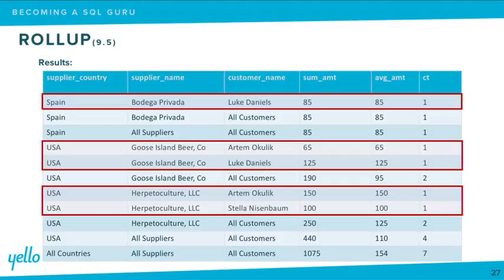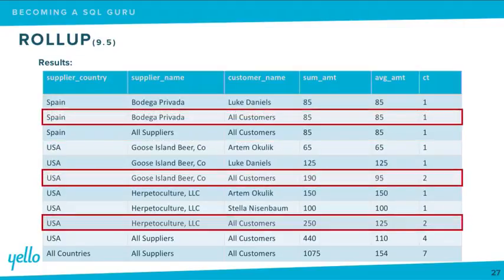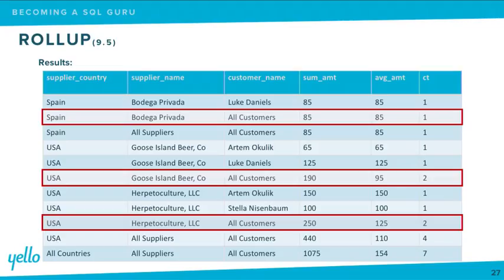But then at the next level, rather than aggregating across all customers, I would see the individual customers, but all suppliers. And then it would keep going. Any other questions on this?